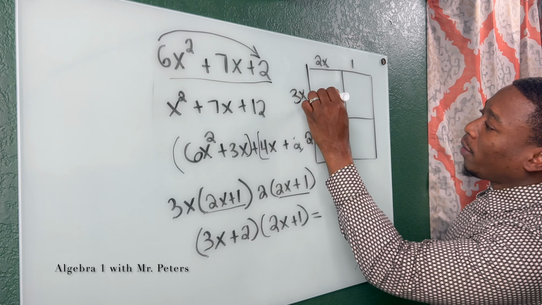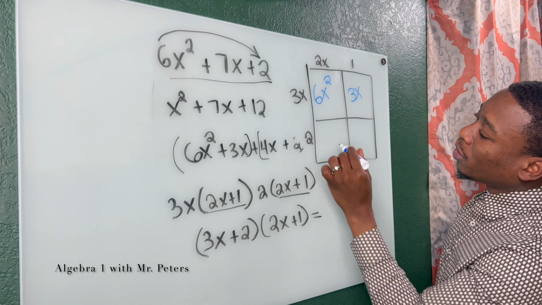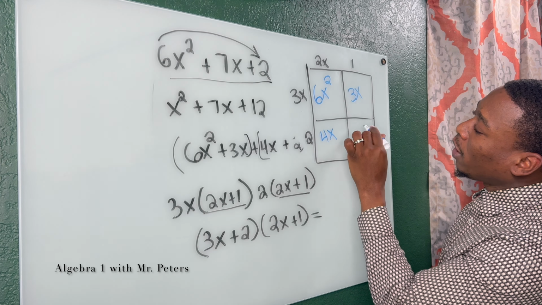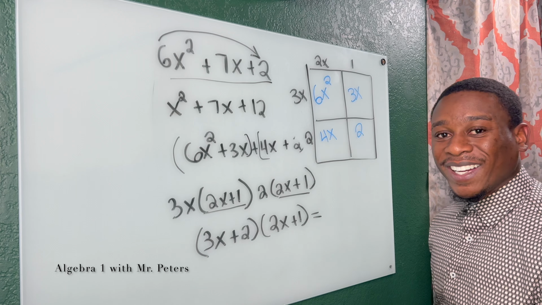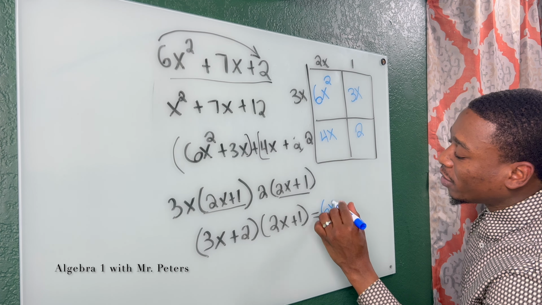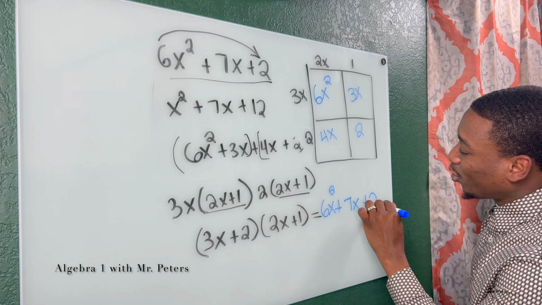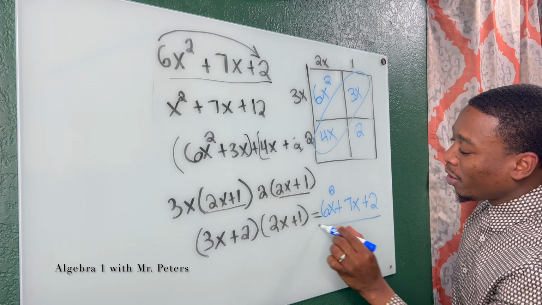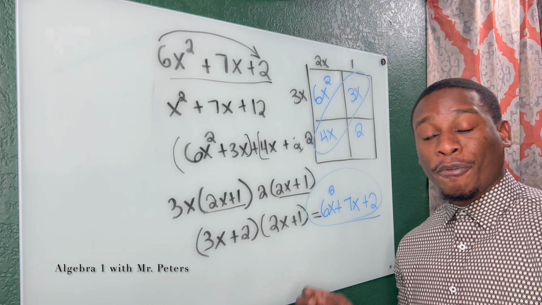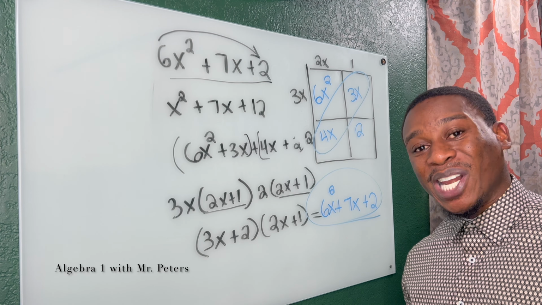So when we multiply, 6x squared plus 3x plus 4x and then 2. Once we write this in standard form, right, highest exponent down to the least, we have 6x squared plus 7x plus 2 after combining like terms. And there you go. Factoring by grouping, even though we started off with a regular trinomial.